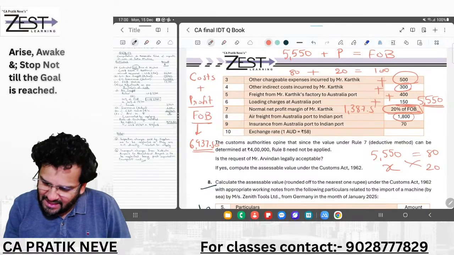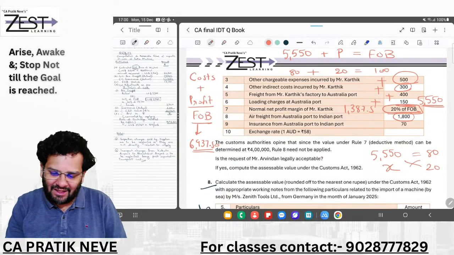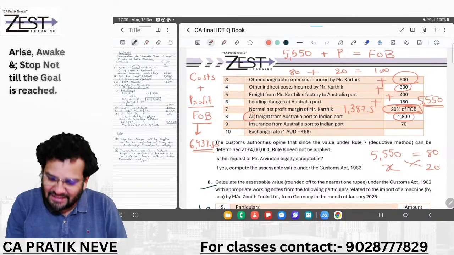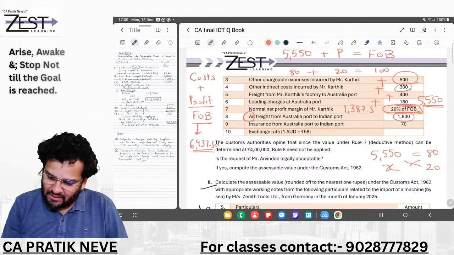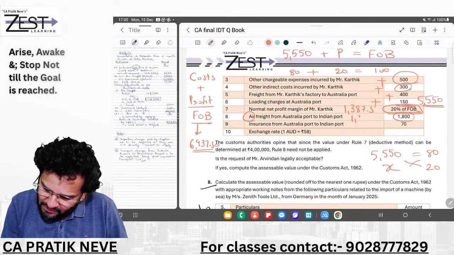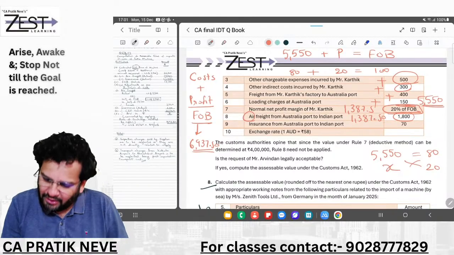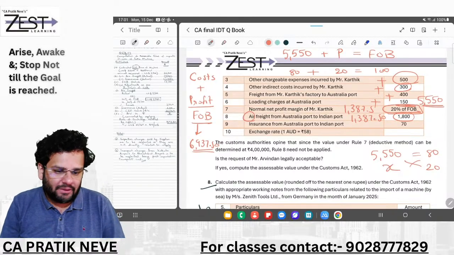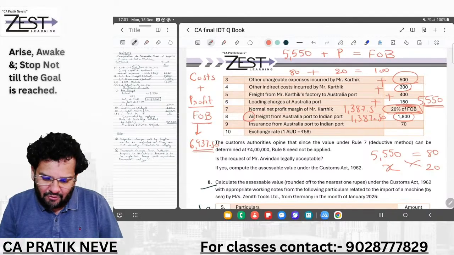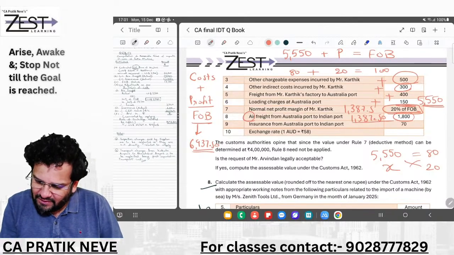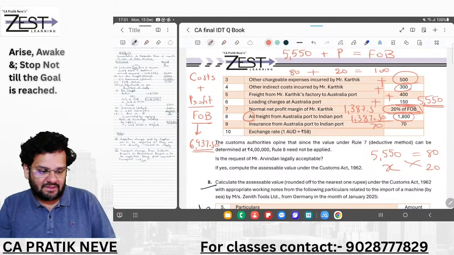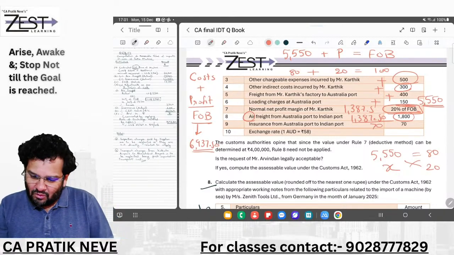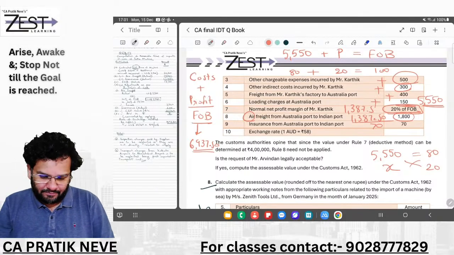It is 1800, but you know it cannot be 1800 directly because it is air freight. So take on your calculator 6937.5 into 20%. It is of course 1387.5. So please now do FOB plus 1387.5 transport plus 70 insurance and tell me what is eventually your CIF value.